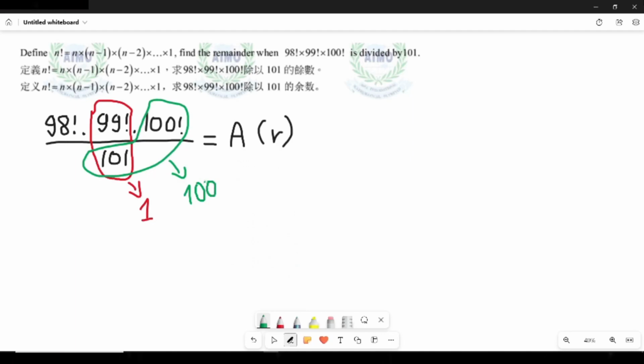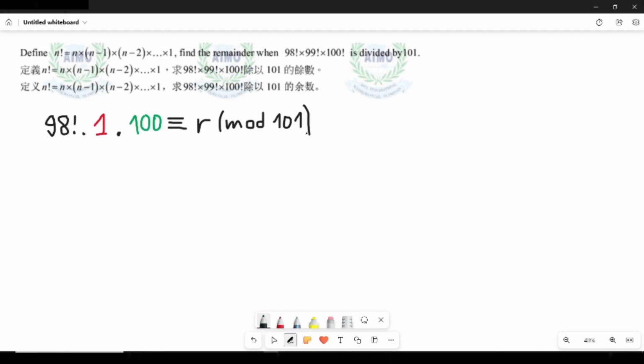The issue we have to solve now is what is the remainder of 98 factorial divided by 101, because when we know the remainder of that, we can solve the exact problem. And what we got from the equation above that I deleted is this one.